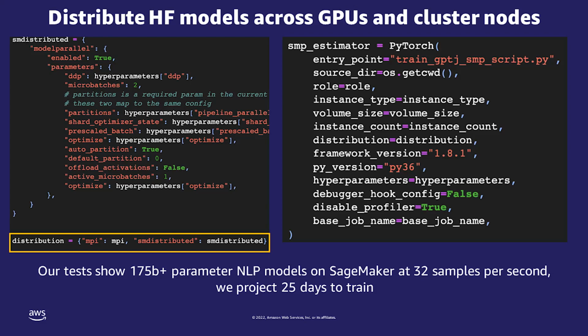Versus, again, SageMaker Model Parallel, where we're just doing that at the GPU level. Both of those are easy to set up with Hugging Face because Hugging Face built an integration to SageMaker Model Parallel and Data Parallel into their base trainer API. So commonly you'll just set Model Parallel as enabled, and then they'll pick it up from the back end. And with that, let's take a look at a demo.